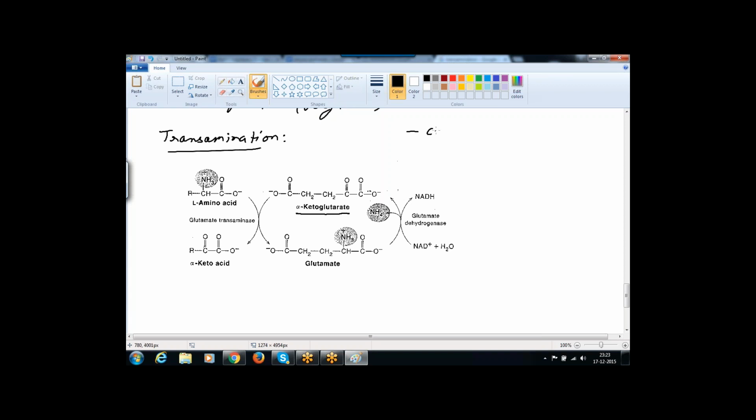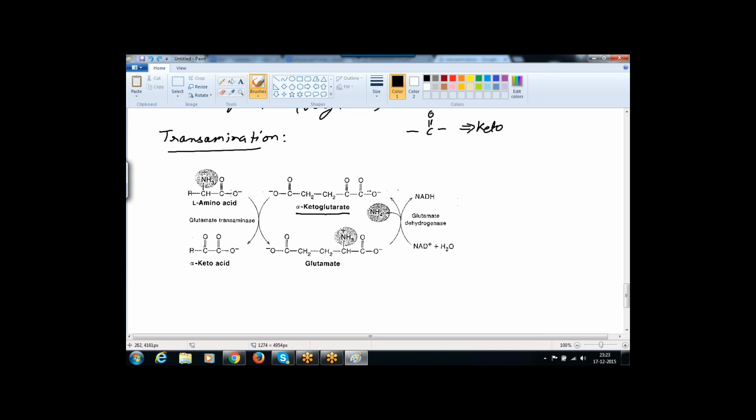The C double bond O group is called a keto group. So this is the acid group, and next to the acid group is a keto, C double bond O present next to the acid group. That is why it is called a keto acid. So alpha ketoglutarate is a keto acid.